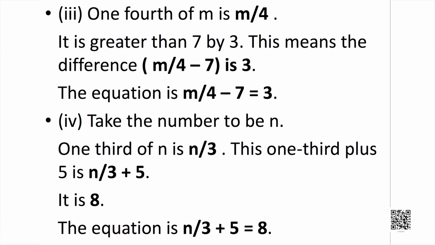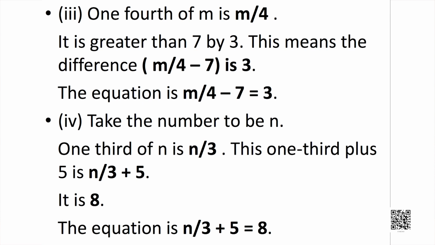Now, coming to the third statement. 1/4 of m is m/4, or m divided by 4. It is greater than 7 by 3. This means the difference m/4 - 7 is 3. Therefore, the equation will be m/4 - 7 = 3.